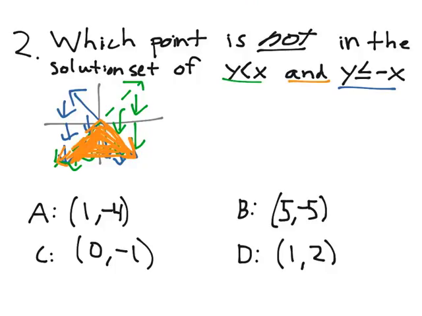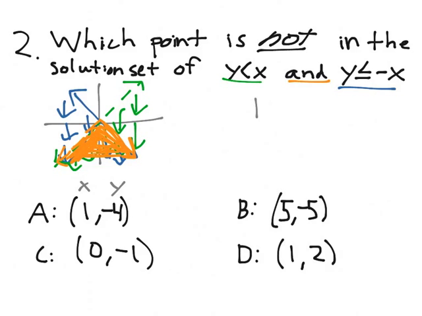So, how do we determine whether points are or are not in the solution set? Well, let's look at A, for example. This is x and y, right? That means if this is in the solution set, I should be able to plug these x's and y's into both of these, and it should make sense. So let's take a look.